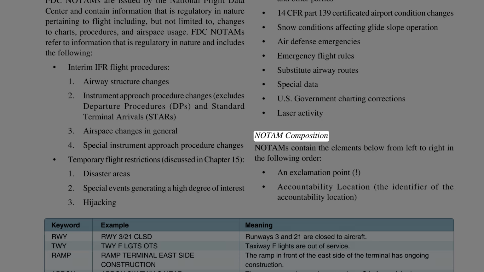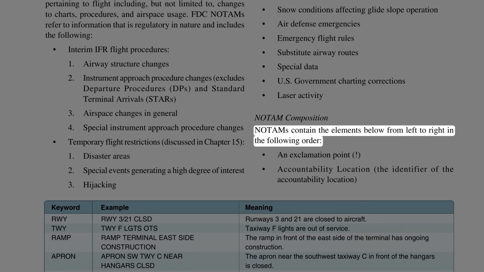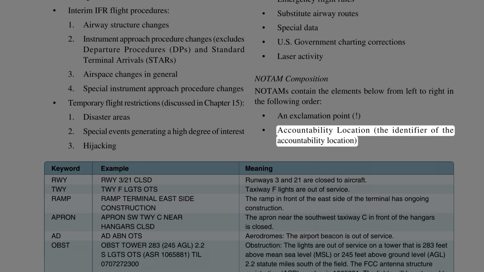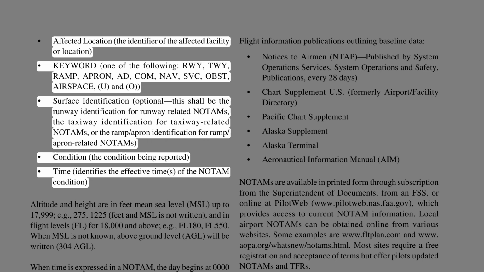NOTAM composition. NOTAMs contain the elements below from left to right in the following order. An exclamation point. Accountability location, the identifier of the accountability location. Affected location, the identifier of the affected facility or location. Keyword, one of the following: RWY, TWY, RAMP, APRON, AD, COM, NAV, SVC, OBST, AIRSPACE, U&O.